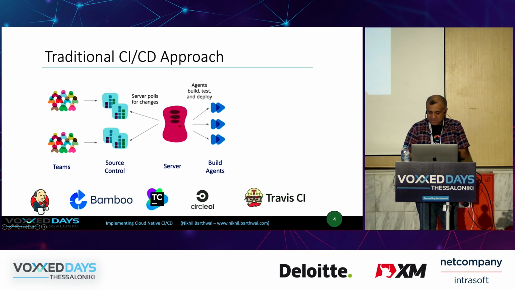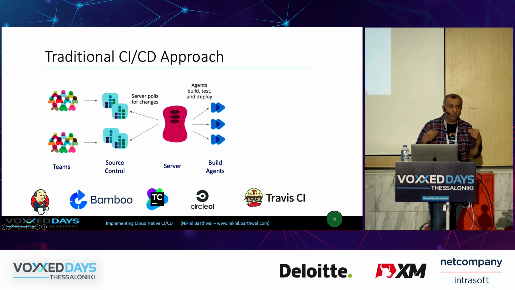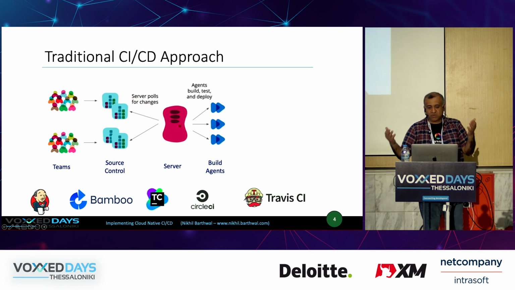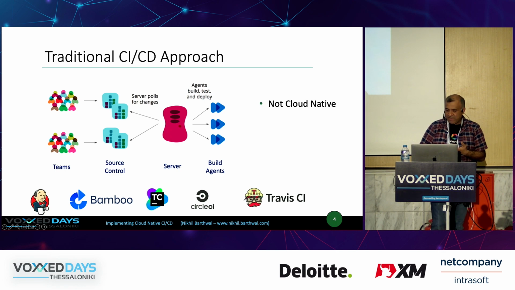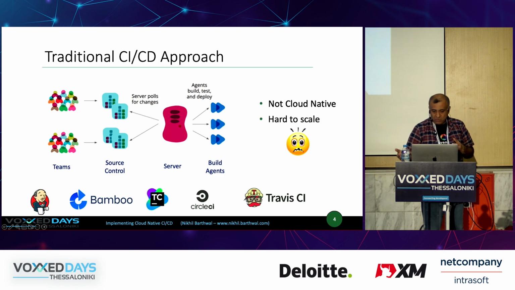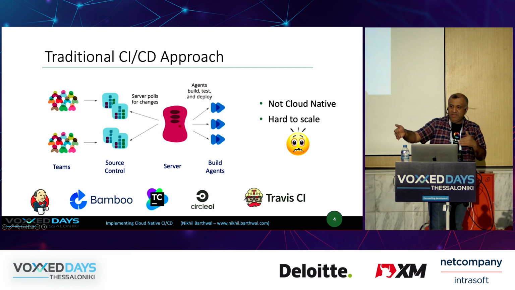The problem is that they were built in an era where microservices, containers, and Kubernetes didn't quite exist, so they were not inherently cloud native, and they were hard to scale because you have a fixed number of build agents that are always on.